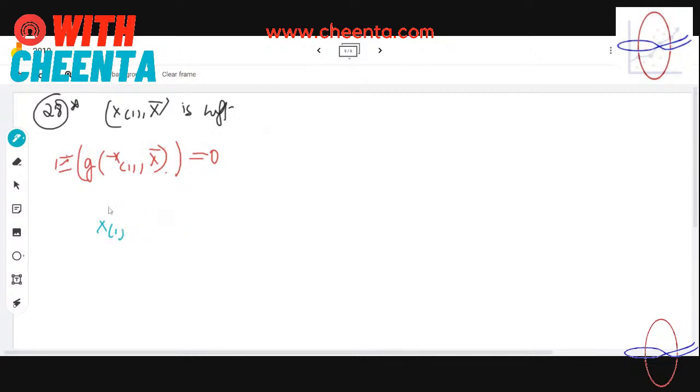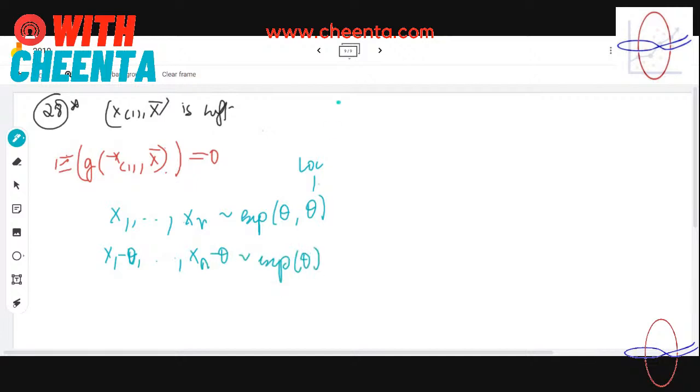Observe this very carefully: x1, x2, ..., xn follow an exponential with location parameter theta. Therefore x1 minus theta, ..., xn minus theta follow an exponential with parameter theta. Can you understand this result, guys?